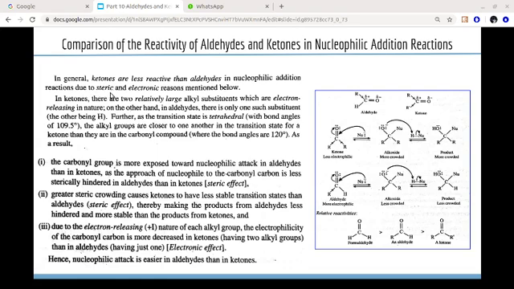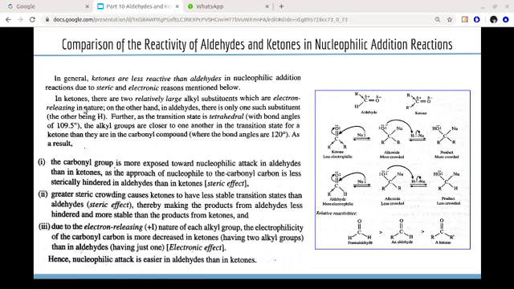One is a steric reason and the other is an electronic reason. So let us see one by one.